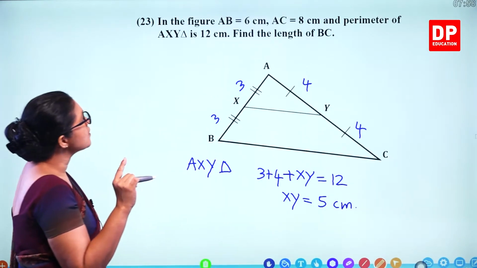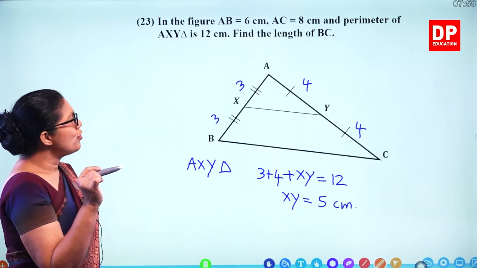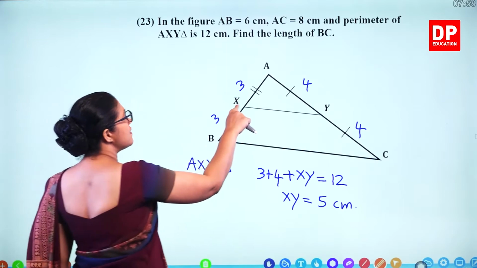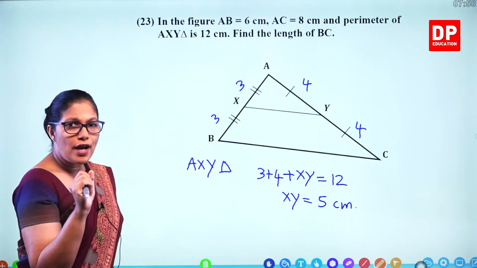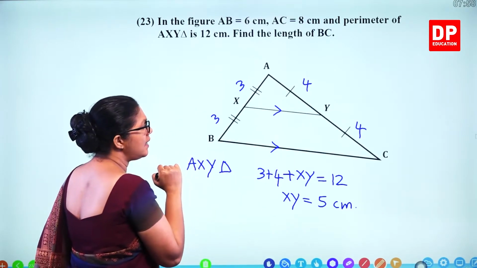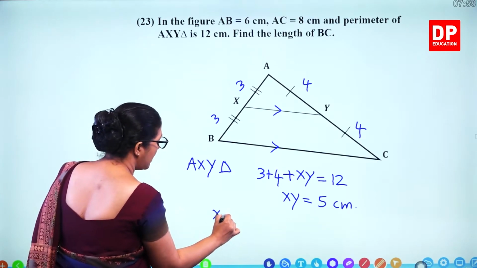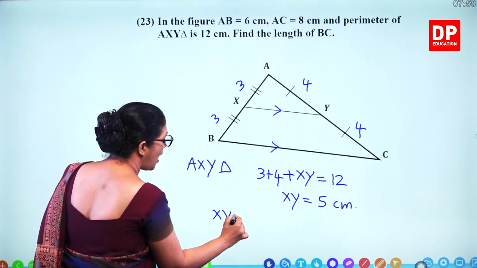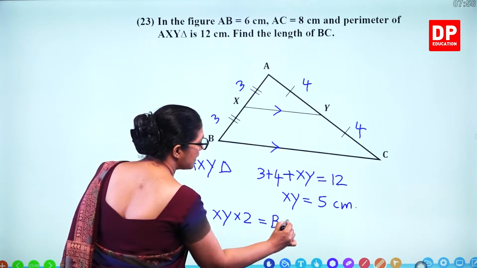Now they ask what's the length of BC. What you know about this one? This is the midpoint, this is the midpoint. According to the midpoint theorem, these are parallel and XY, when you multiply by 2, you get the BC length.